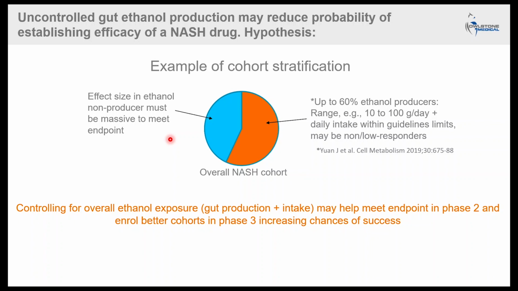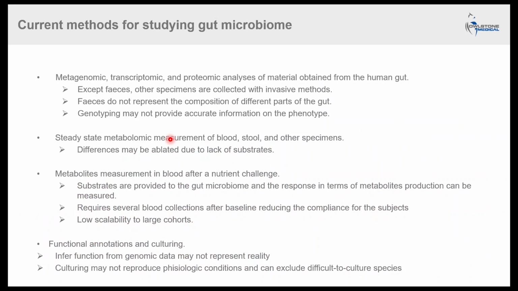However, so far there is no available diagnostic test to identify if a subject has excessive ethanol production from the gut. Now, in general, if we take a step back, the current methods that are used for studying the gut microbiome are metagenomic, transcriptomic, and proteomic analysis of material obtained from the human gut.